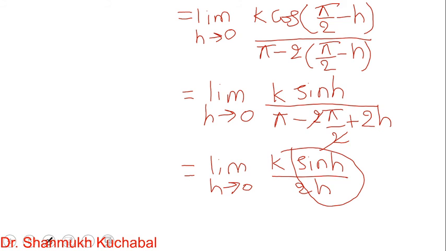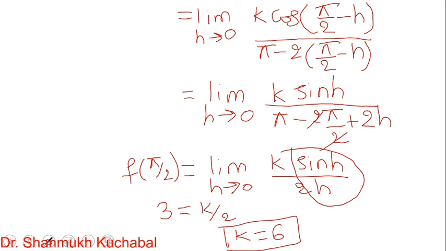Therefore f of pi by 2, whose value is given as 3, equals k divided by 2. Transposing 2, k equal to 3 into 2, that is 6. So k is 6.